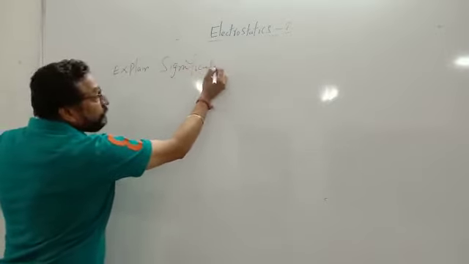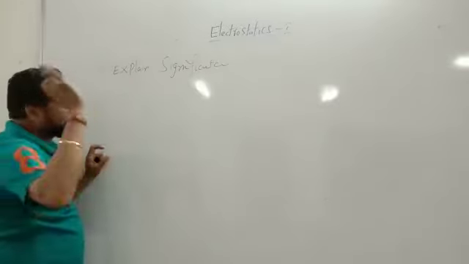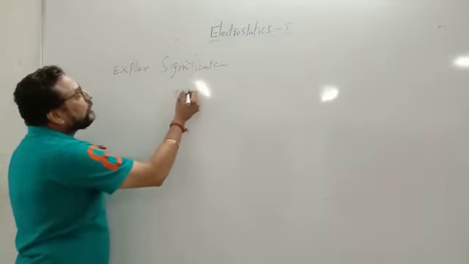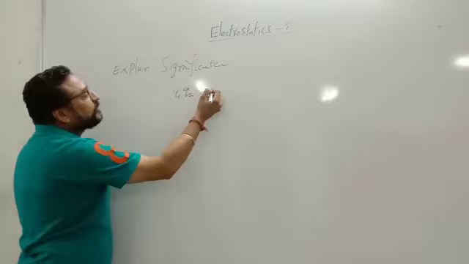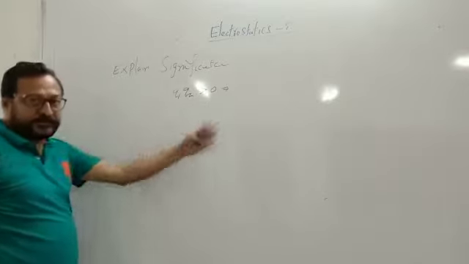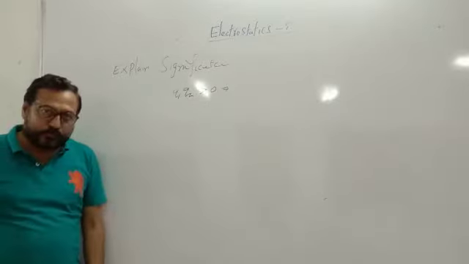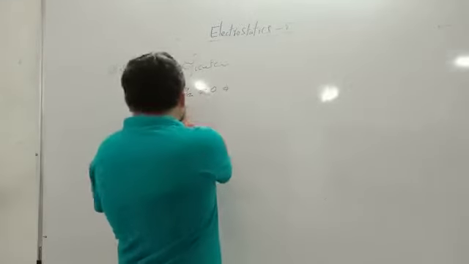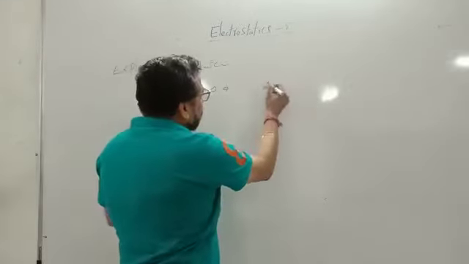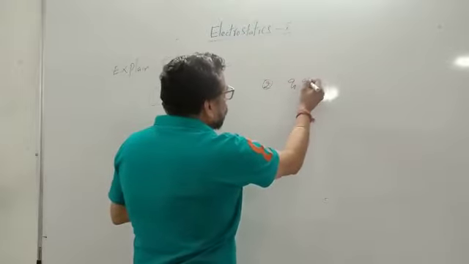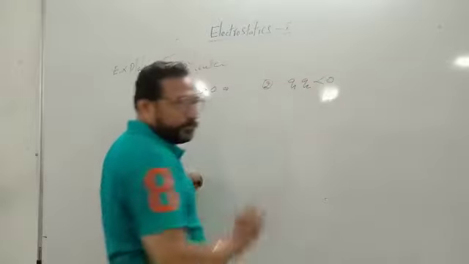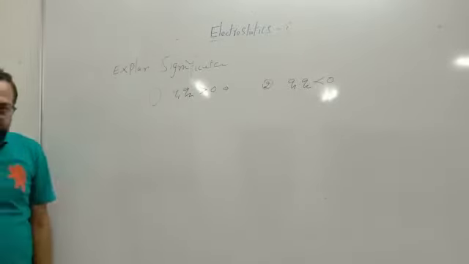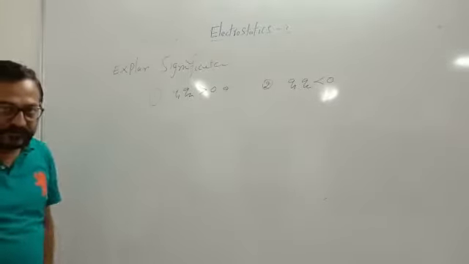What do you mean by the significance? It's a very simple concept. First, Q1 Q2 is more than 0. And the second is Q1 Q2 is less than 0. What is the significance of these two conditions?